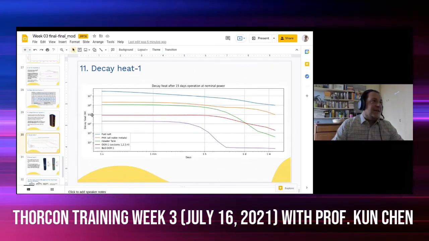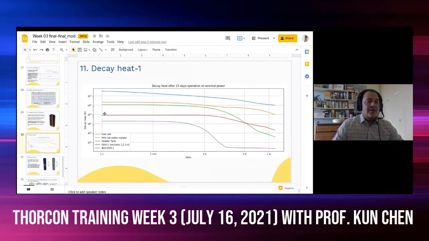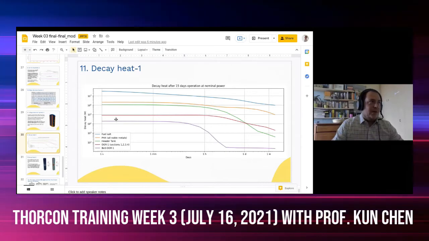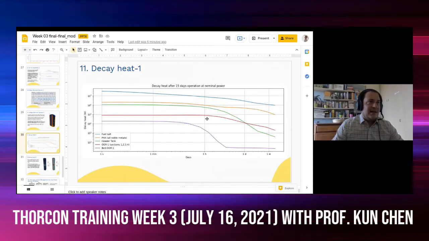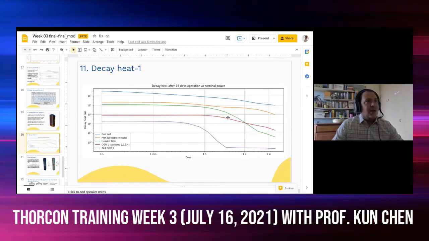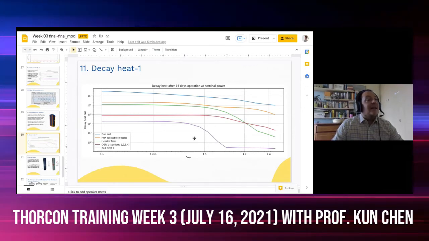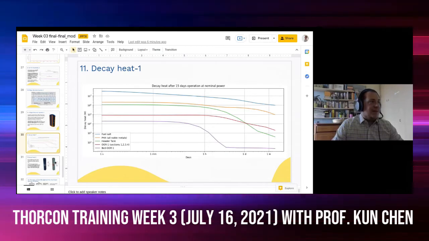As you can see, the decay heat in the OGR is rather large, but fairly in the manageable region, well below 1 megawatt. We are starting at less than 100 kilowatts and reach much lower values within 1 day. If you have any questions on the decay, please let me know.